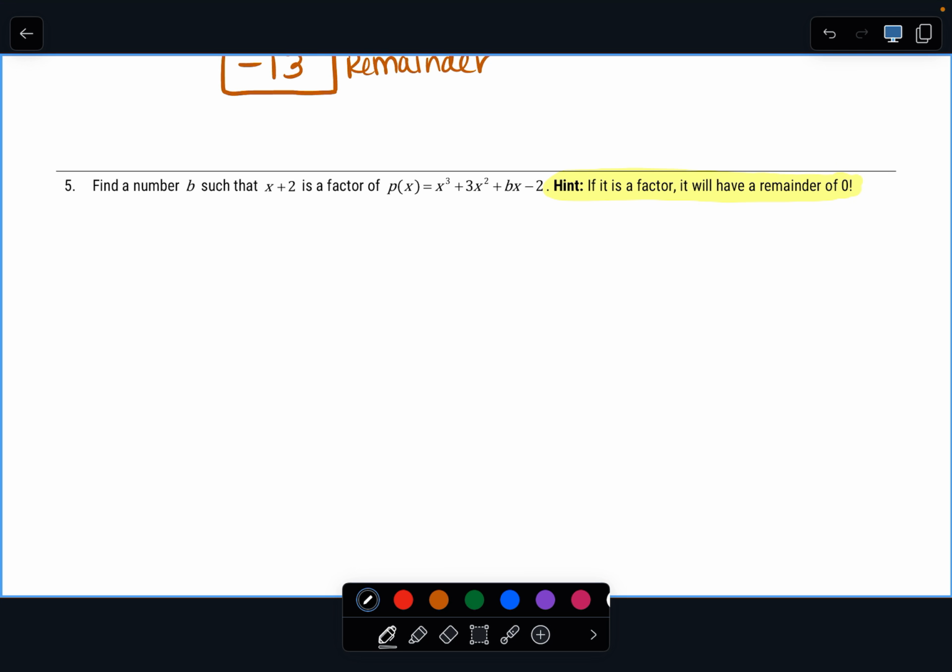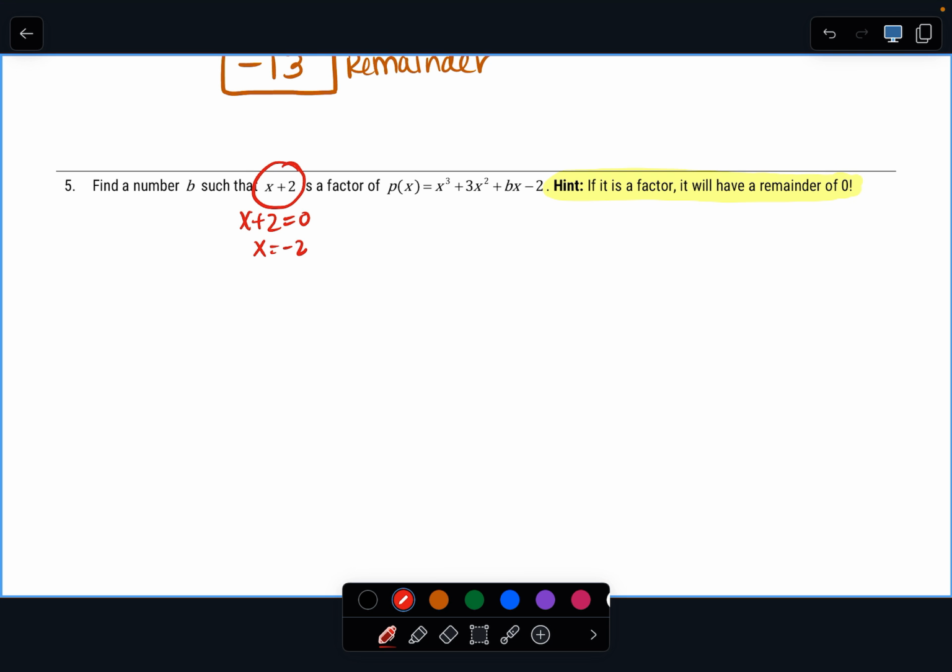So let's start with remainder theorem. If I take x plus 2 and I set it equal to 0, what do I get? Negative 2. So if I need to make sure that this is a factor, that means I need to end with the remainder theorem being equal to 0.